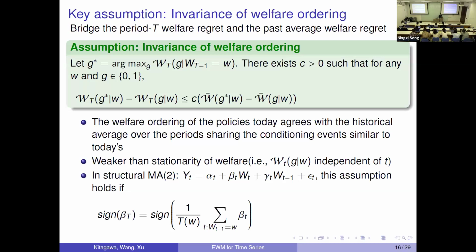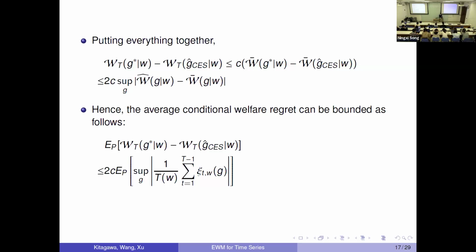So this assumption looks non-intuitive, but is actually satisfied by many existing structured models. And so with these two steps, we can finally write down the inequality. We can finally see that the regret between the welfare under the optimal policy and the welfare under the estimated policy will be upper bounded by C times the regret measured in the intermediate welfare, and then finally upper bounded by 2 times C times the maximum over G of this difference.